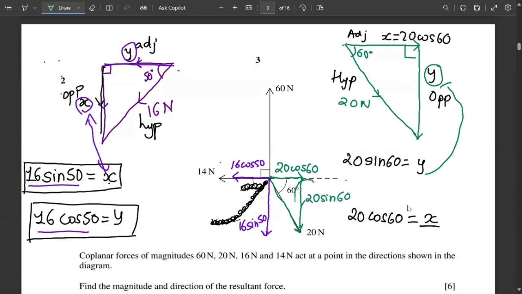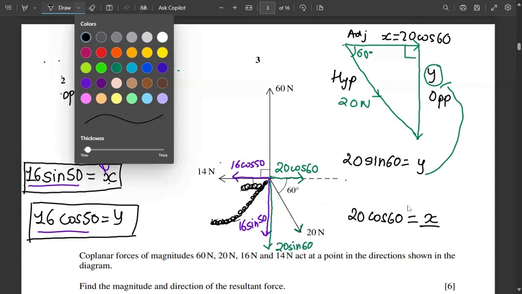Now we will shift this arrow again here. So it will look something like this. Downward arrow, 20 sine 60. And now with the same logic we can remove this arrow.